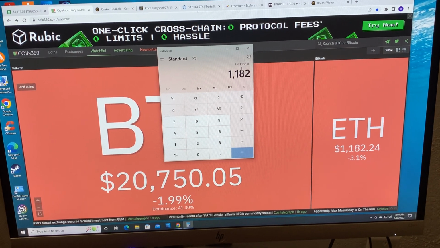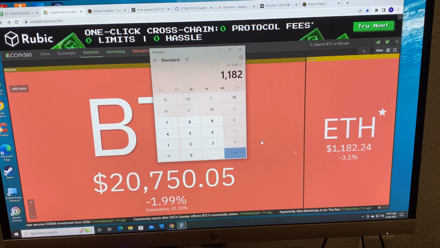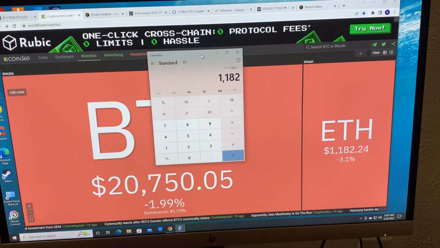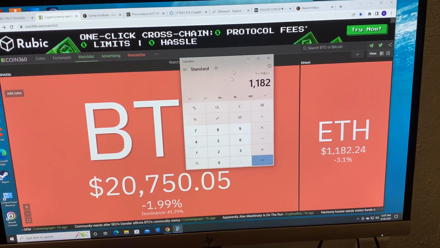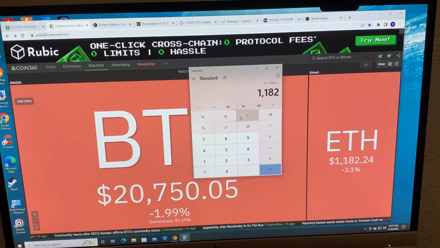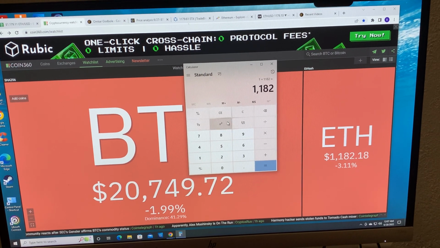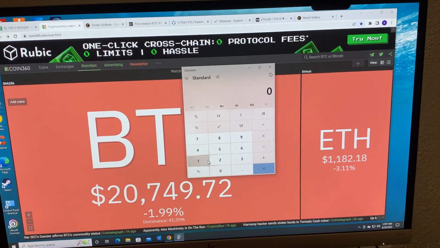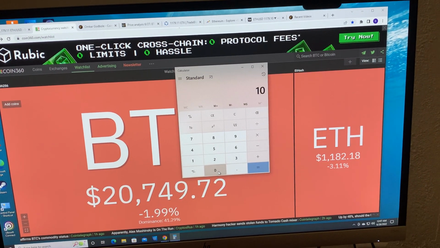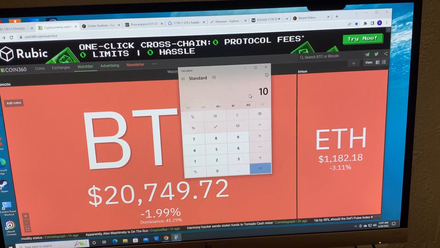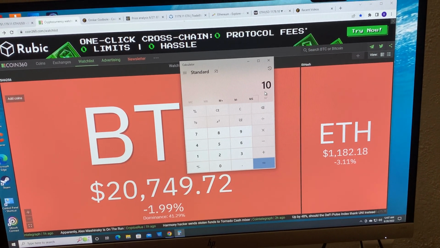You want to buy 100% Ethereum, at least. Why do you want to buy that? Because if you buy 50% Ethereum, this is going to happen. Let me show you. If it goes up $10, you're going to make $10 because you're at 100% of Ethereum.